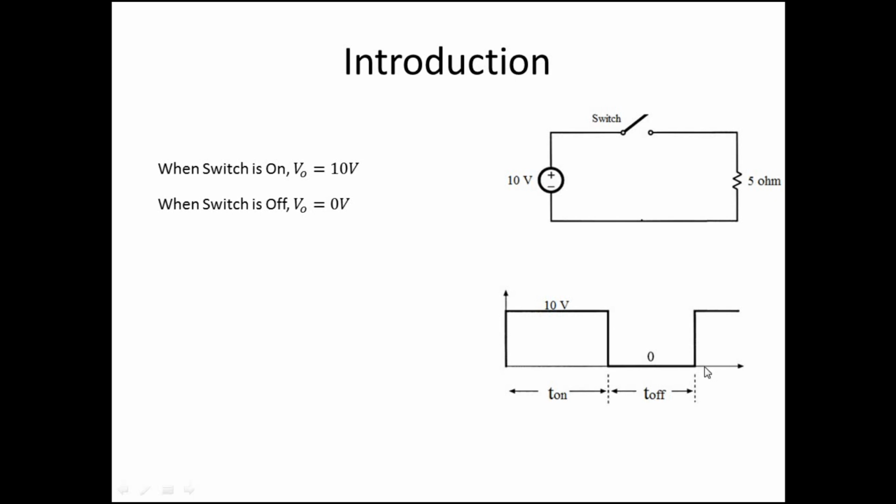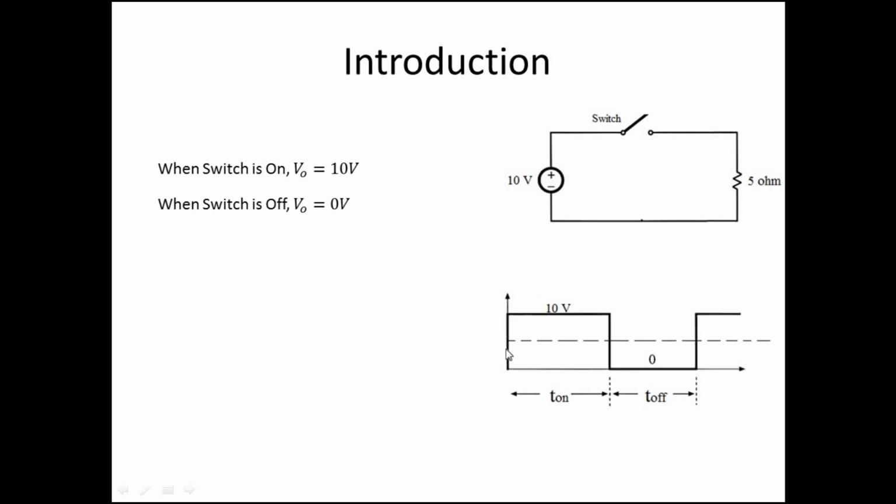So the average voltage is now reduced. Instead of a steady 10 volt, it is like this now. So the effective output voltage across the 5 ohm is now the average of this waveform, means like this much only.